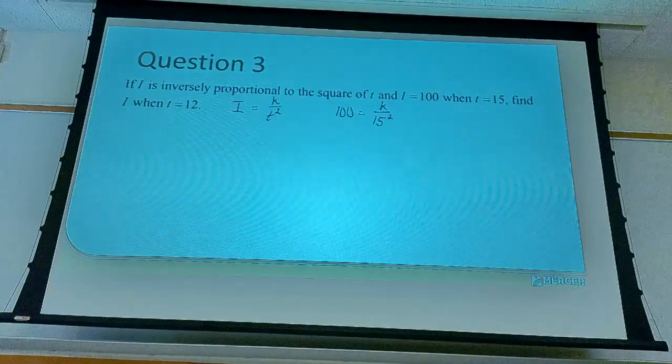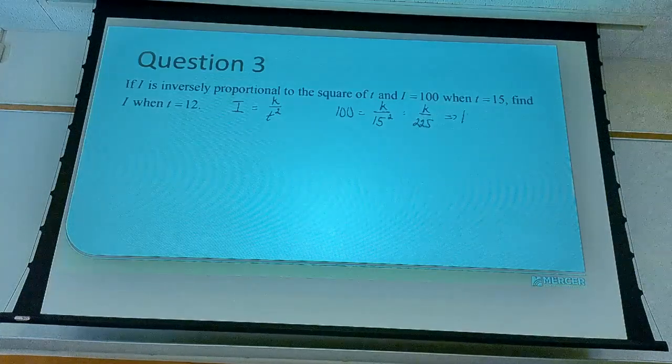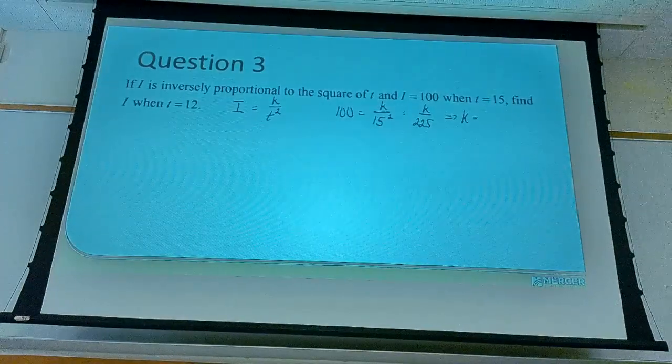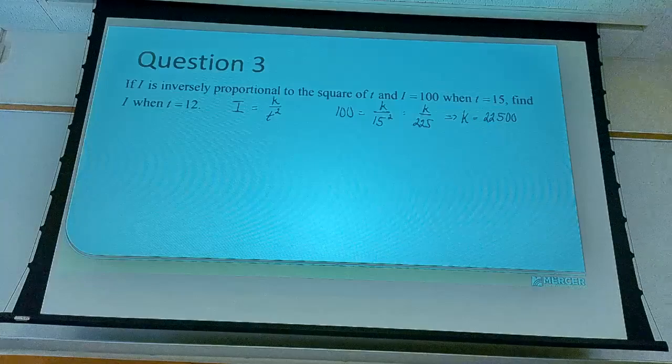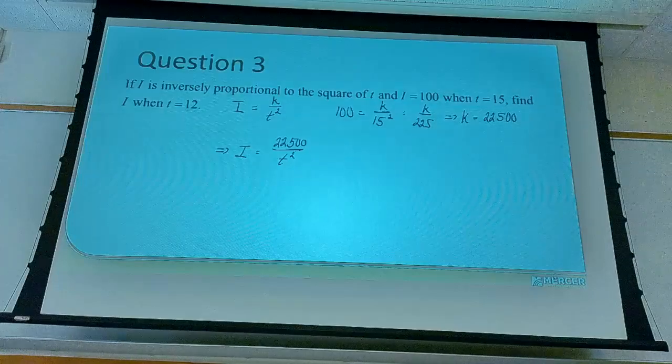So what is 15 squared? 225 times 100, you shouldn't need a calculator. 22,500. And k is just 22,500. There's I.